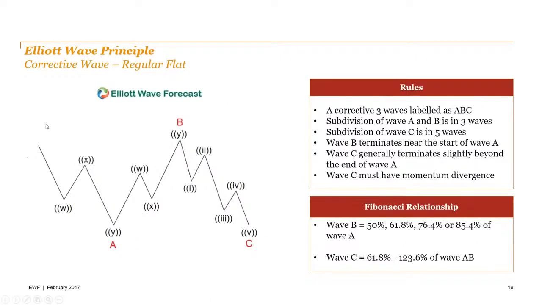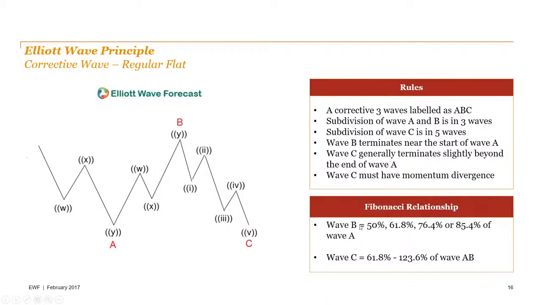Okay, so regular flat, an ABC. The rules: wave A and wave B are in 3 waves, right? Subdivision of wave C is in 5 waves. Wave B terminates near the start of wave A, just like this. Wave C generally terminates slightly beyond the end of wave A. Wave C must have momentum divergence, RSI divergence.